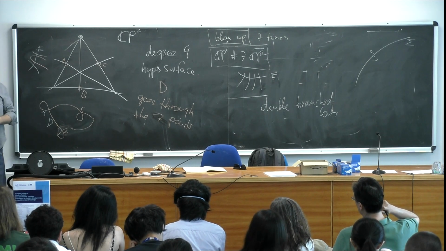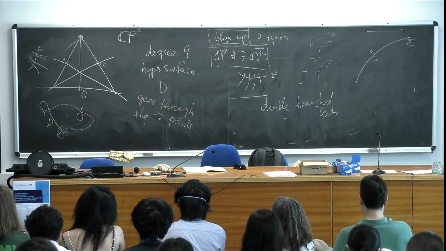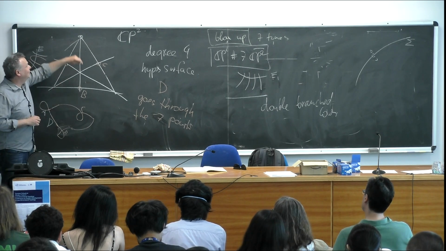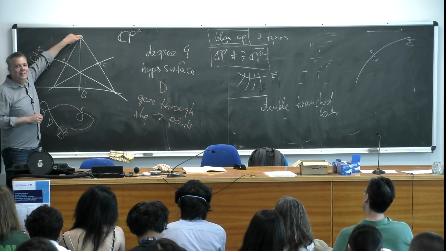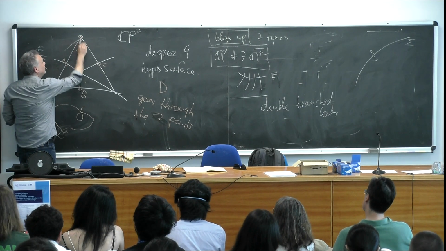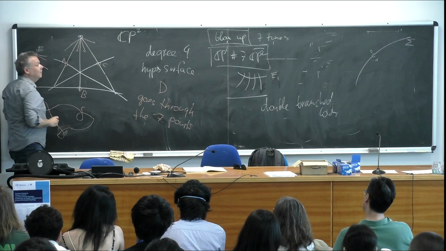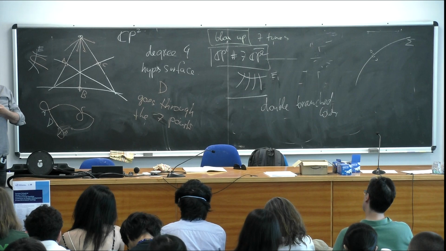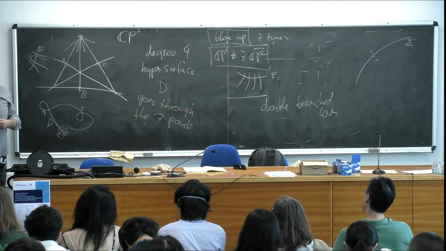And I can use this point as a lookout. This is where we are right now, and we are staring at this CP2 from this point, meaning that I can choose different directions, meaning different lines going through that point, and see what happens.